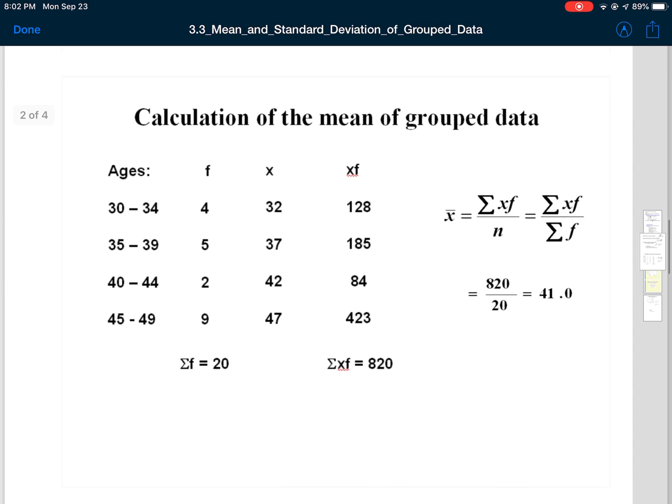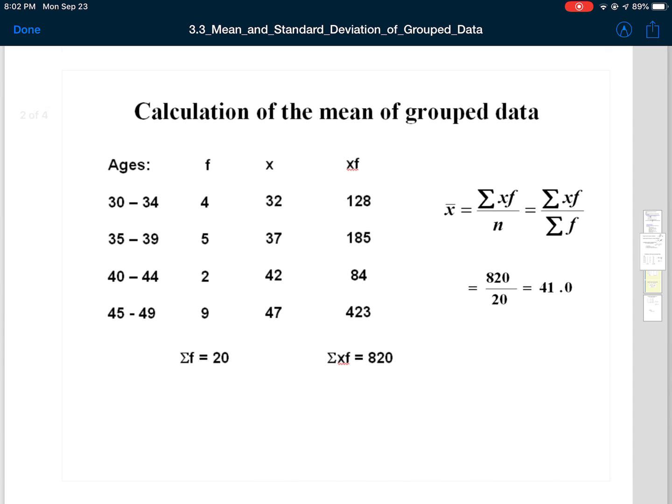But here's my table. I've got ages of certain people from 30 to 34. There's 4 of them. 35 to 39, there's 5 of them, and you can read it and so forth. I got my class midpoint. So I took 30 plus 34 divided by 2, and that works out to be 32.